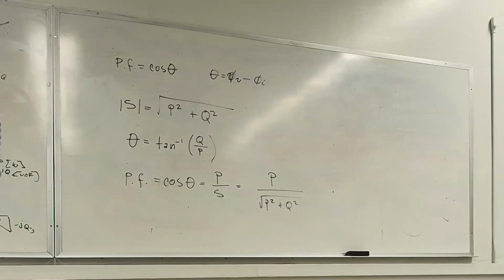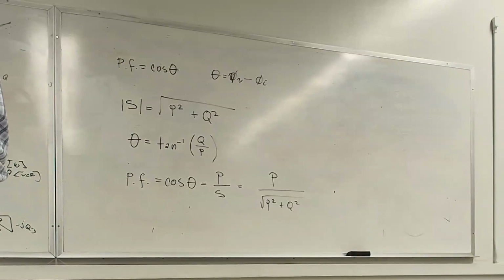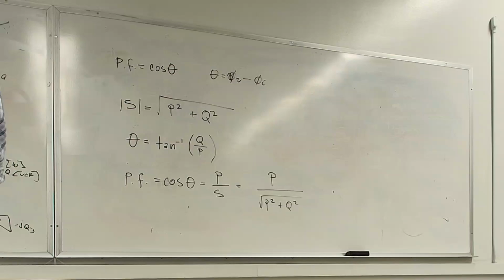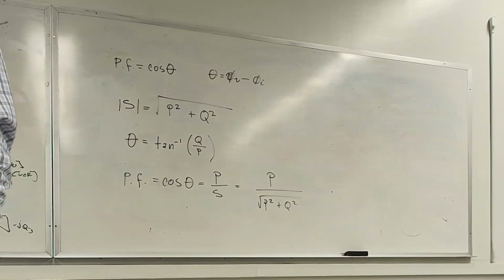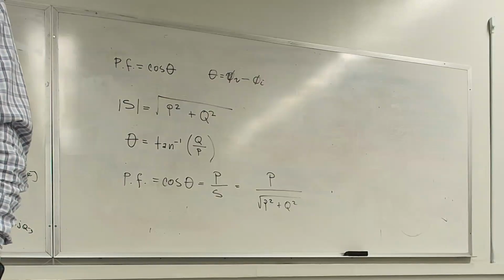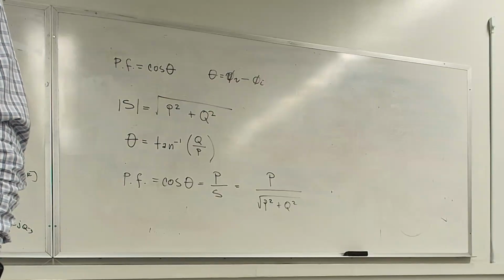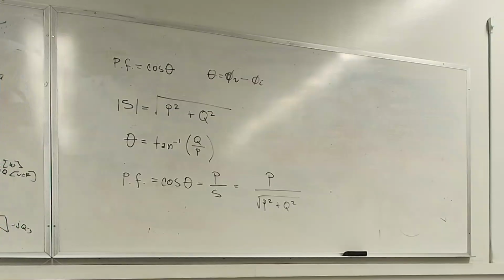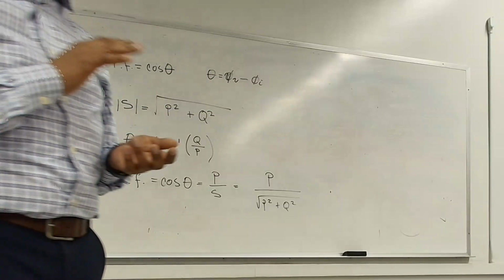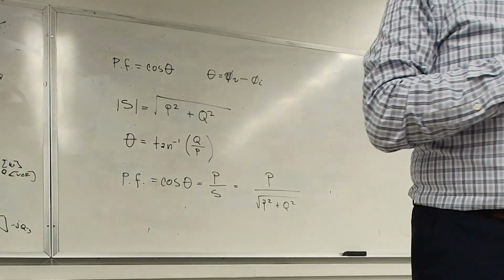Trust me, there will be a time when you'll be sitting at your desk and somebody says, hey, what is the equation for real, reactive, and apparent power? You have your cheat sheet. You have it handy. There it is, the exam.